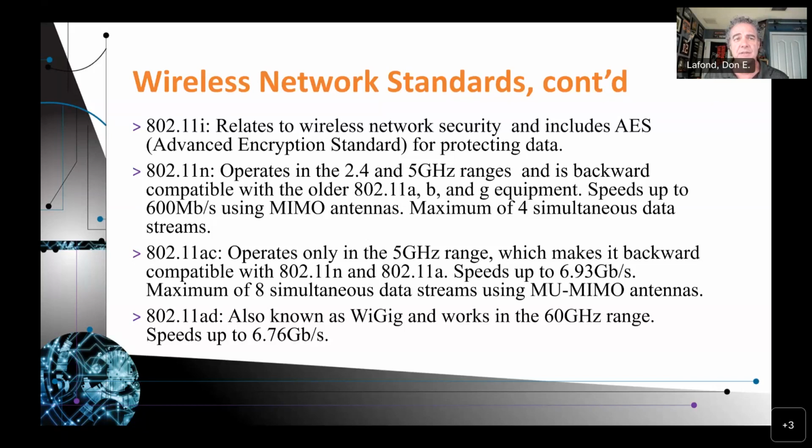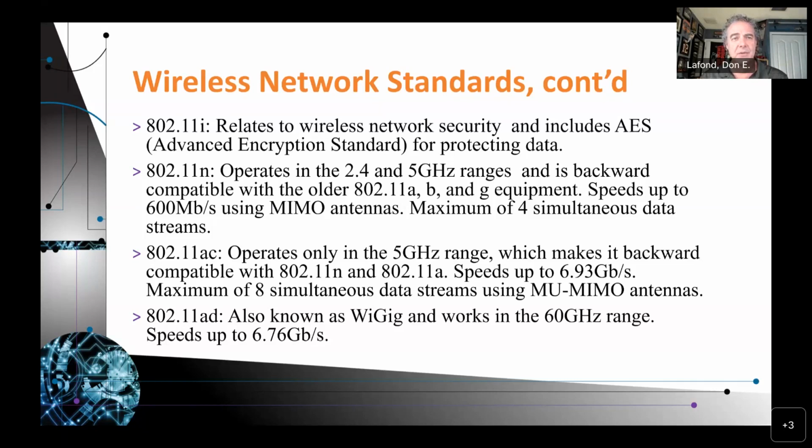It has speeds up to 600 megabits per second using MIMO, meaning multiple antennas, and has a maximum of 4 simultaneous data streams at the same time. 802.11ac operates only in the 5 gigahertz range, which makes it backwards compatible with 802.11n and 802.11a. Speeds up to 6.9 gigabits, almost 7 gigabits per second, with 8 simultaneous data streams.